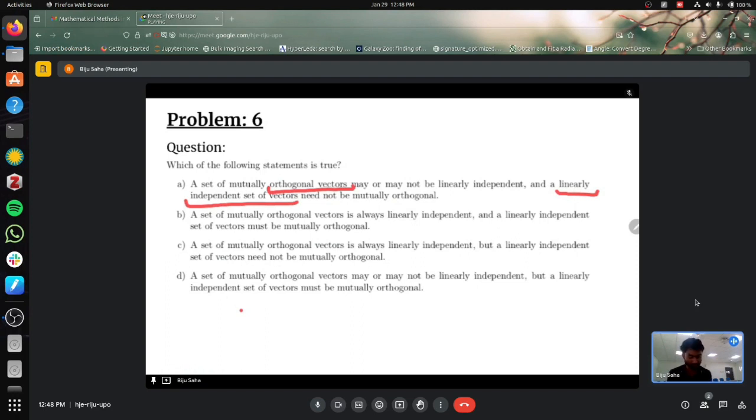Let us first start with a set of mutually orthogonal vectors and check whether they have to be linearly independent. The next claim: we start with a linearly independent set of vectors and check whether they are mutually orthogonal.